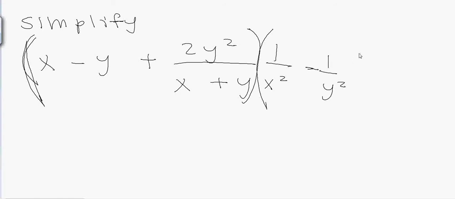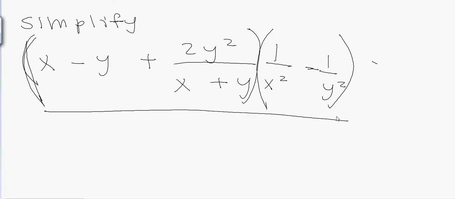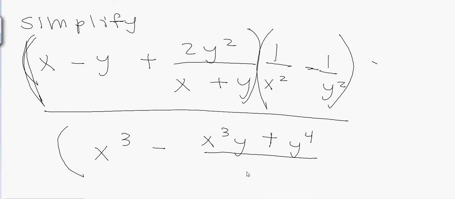This is minus, sorry. You're dividing the whole thing by x cubed minus x cubed y plus y to the fourth, all over x plus y.